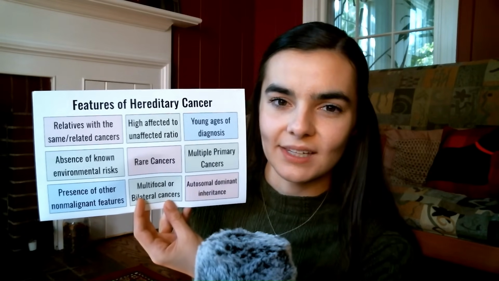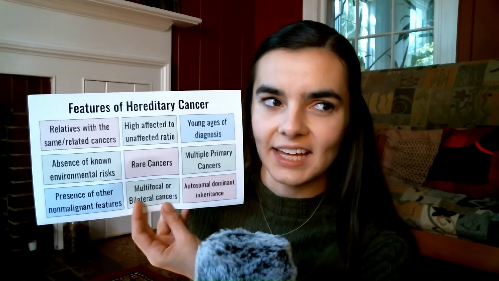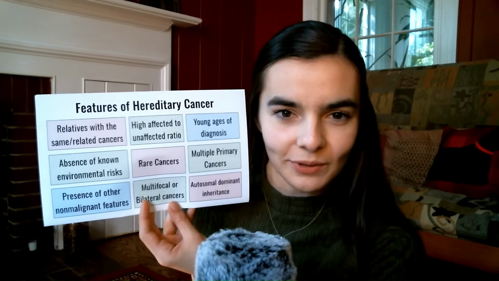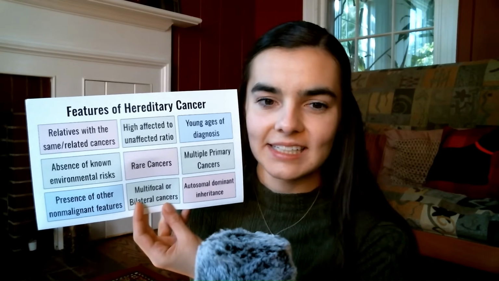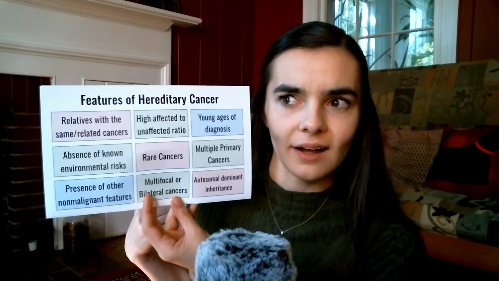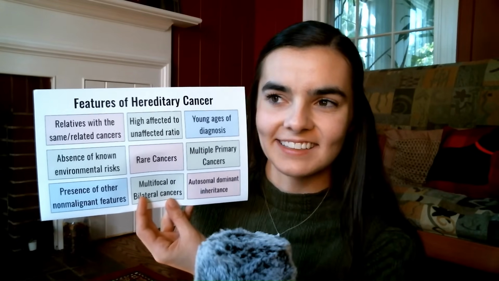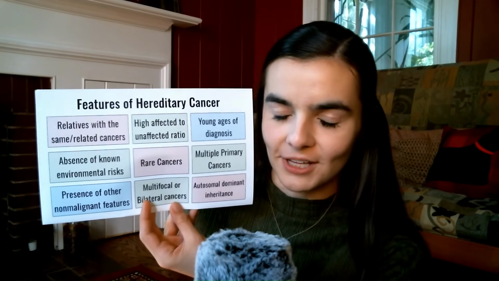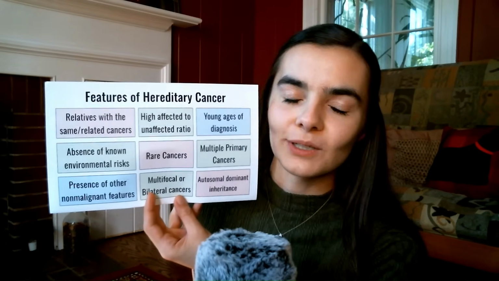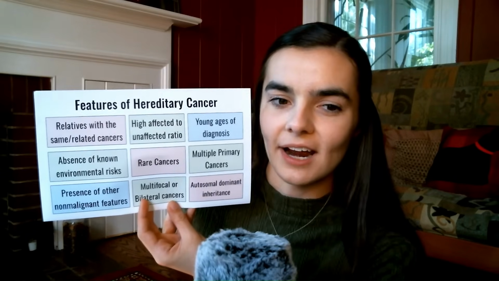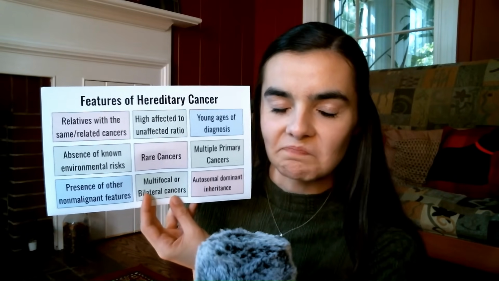There's no way that there's something hereditary that they passed to each other because they're not related. So it's kind of like saying, well, my grandma and my friend's grandma both got breast cancer. Those don't have anything to do with each other. They're not related.